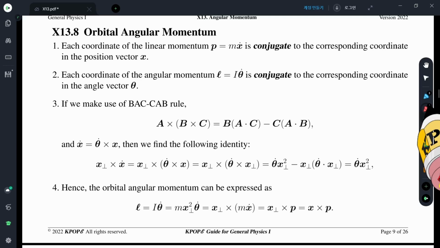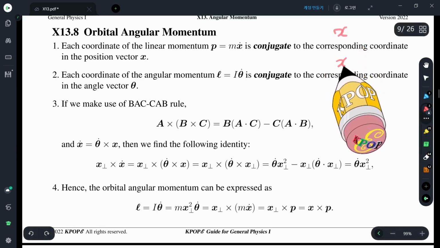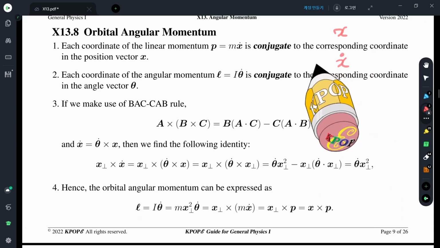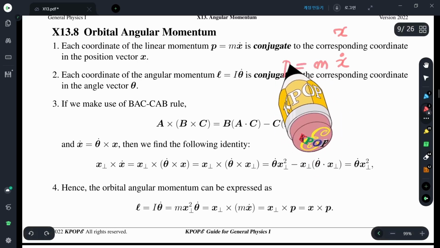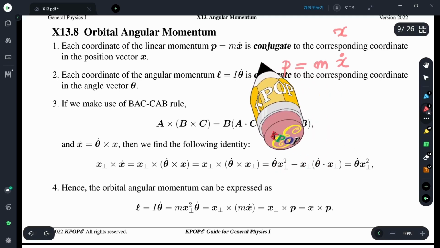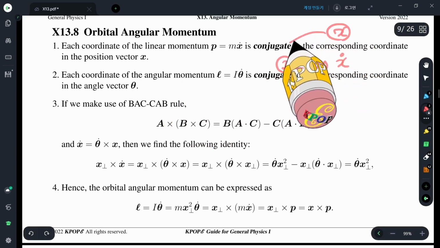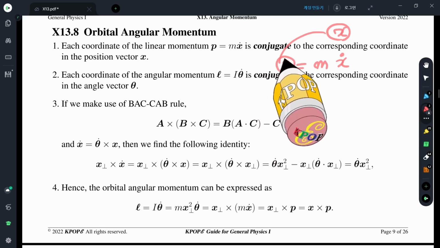We recall that there is a coordinate x and its time derivative called the velocity, and mass times the time derivative of the coordinate is called momentum. This coordinate and momentum are always in a pair. That's the reason why they are conjugate.